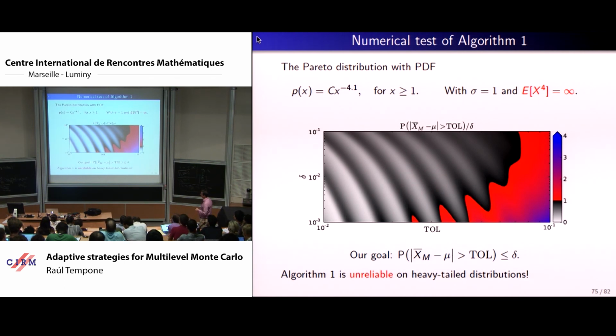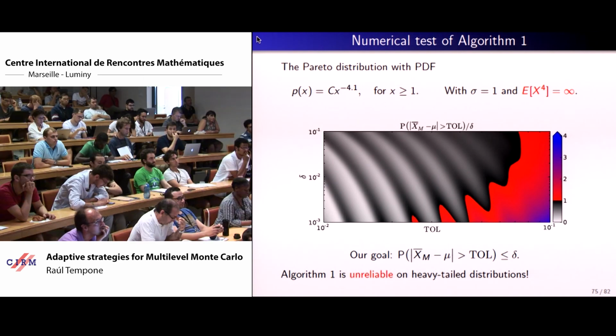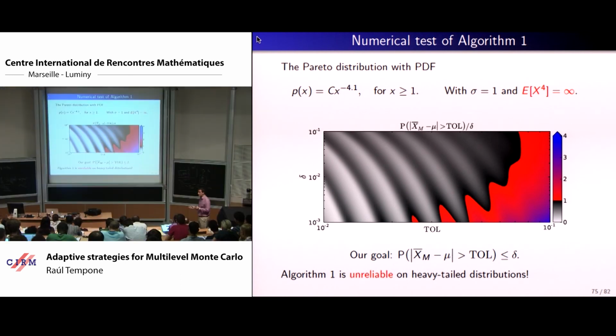Here it's like having more and more confidence in your computation, and here is more and more accuracy as you go to the left. So as you let tolerance go to 0, essentially for delta fixed, things are going to be fine. But in the regime where toll is a few percent and delta is stringent, and that's natural for engineering computations, this is not going to be nice.